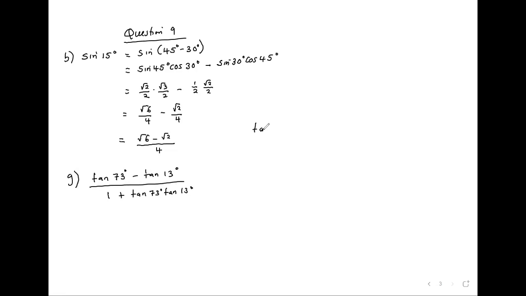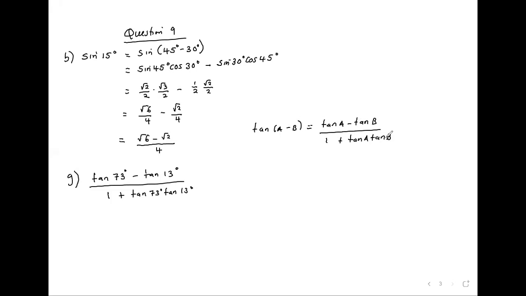Now we know that tan A minus B is tan A minus tan B over 1 plus tan A tan B. We know this.